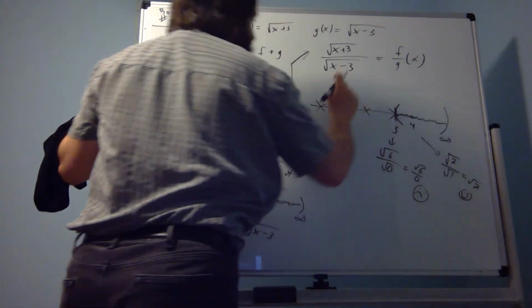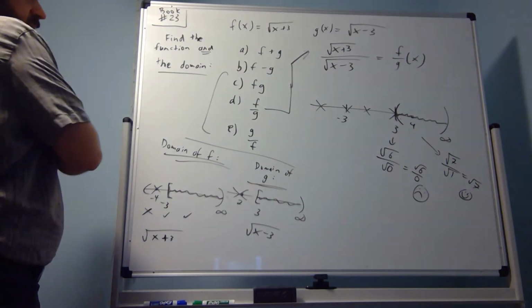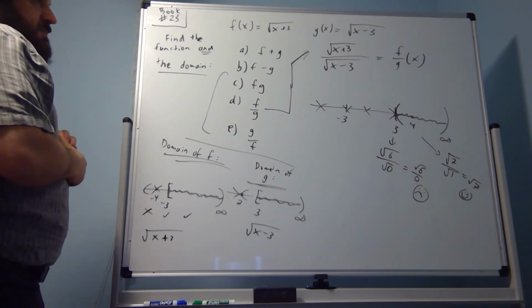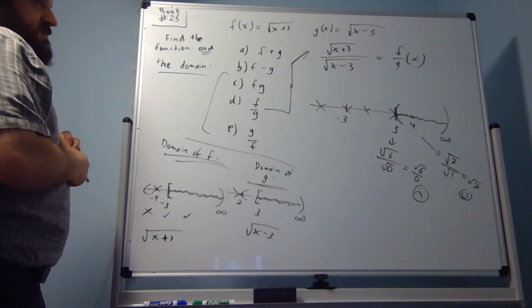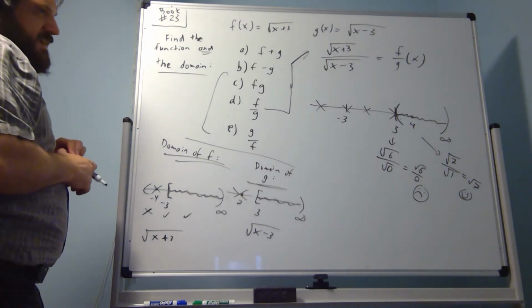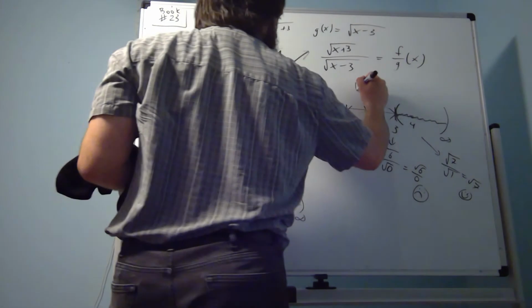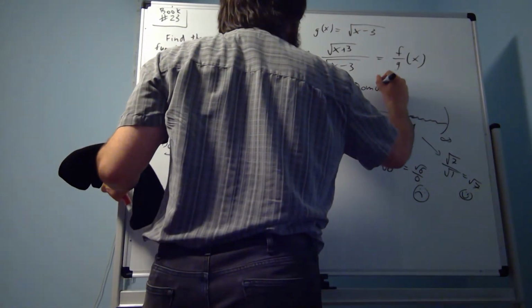We know that dividing by exactly 0 is bad, taking the square root of a negative is bad, but x strictly bigger than 3 is totally fine.